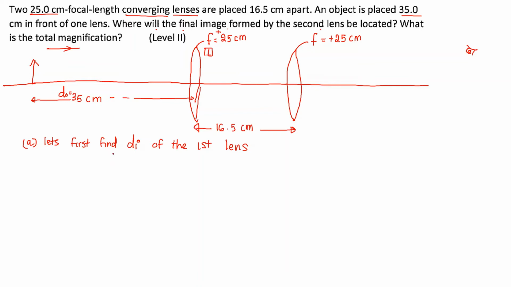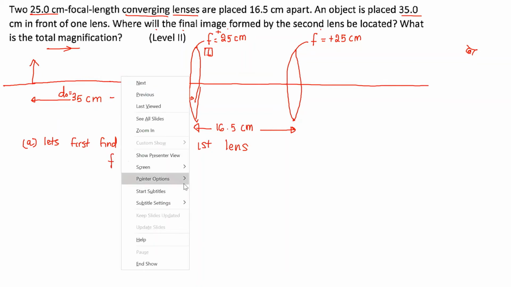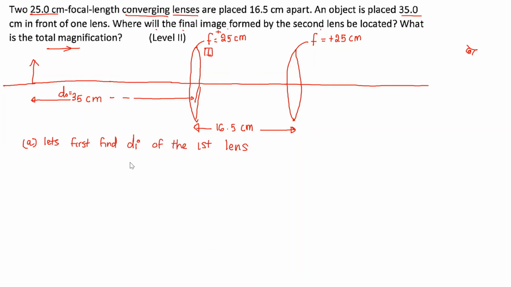So from the first lens, F is, sorry, not F, I'm mad. So your 1 over F is 1 over D naught plus 1 over Di. We need to find Di.